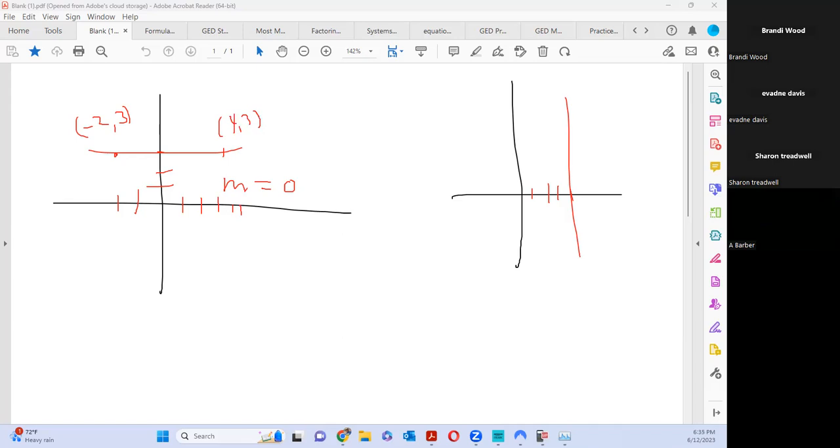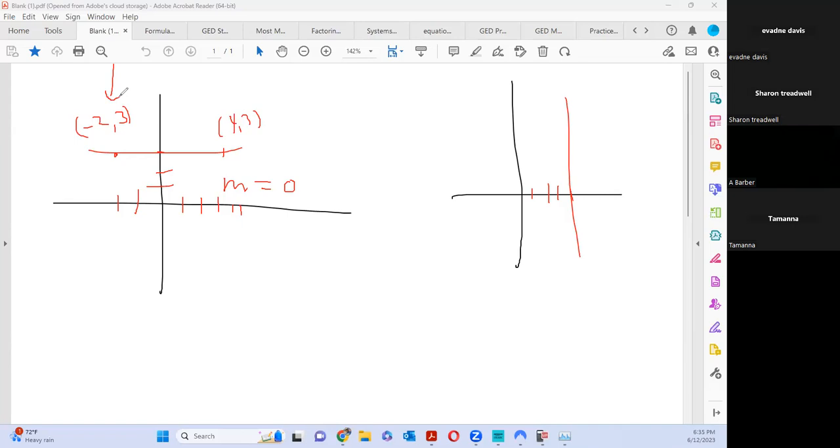So the thing you have to recognize is that you look at the y's, and they're the same. So what's the formula? y2 minus y1 over x2 minus x1. So you're going to have 3 minus 3 over 4 minus minus 2. So you're going to have 0 over 6, which is 0. Because your y's are the same, your numerator is 0.